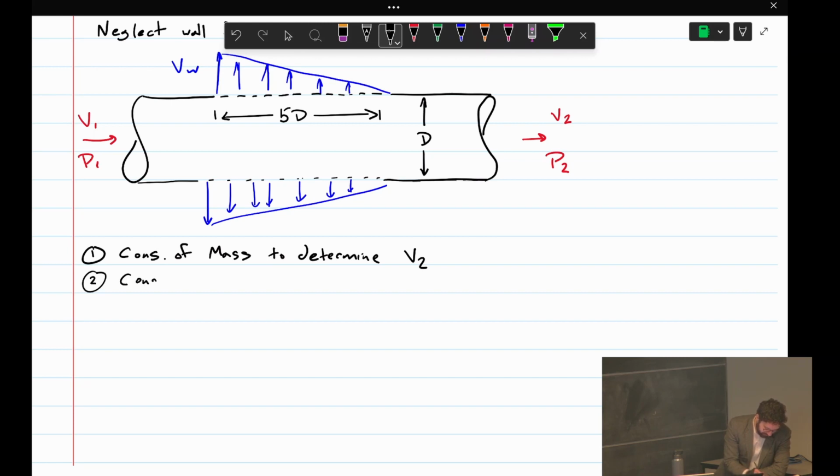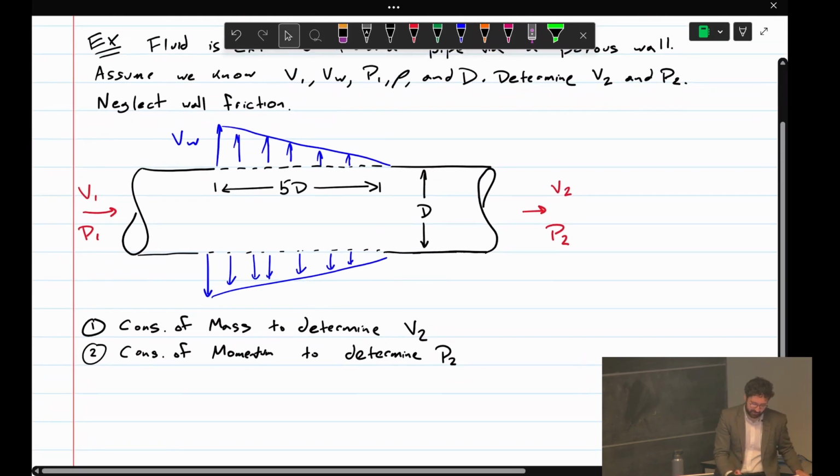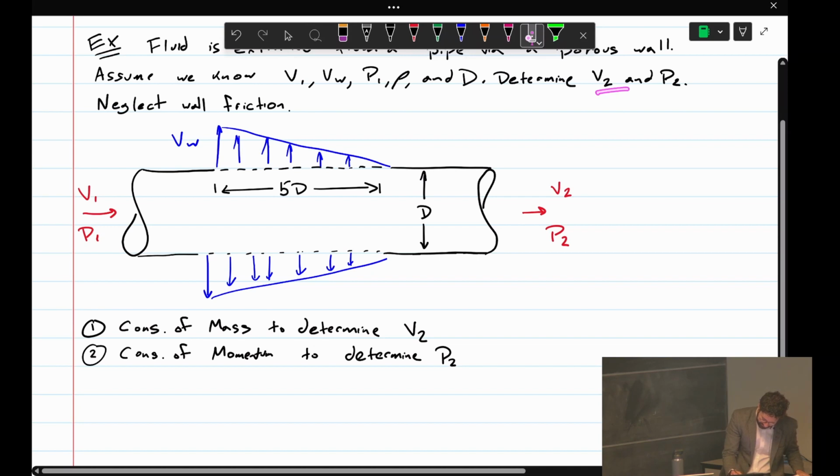Second, use conservation of momentum to determine P2. So that's what the question asked us to do, determine V2 and P2.